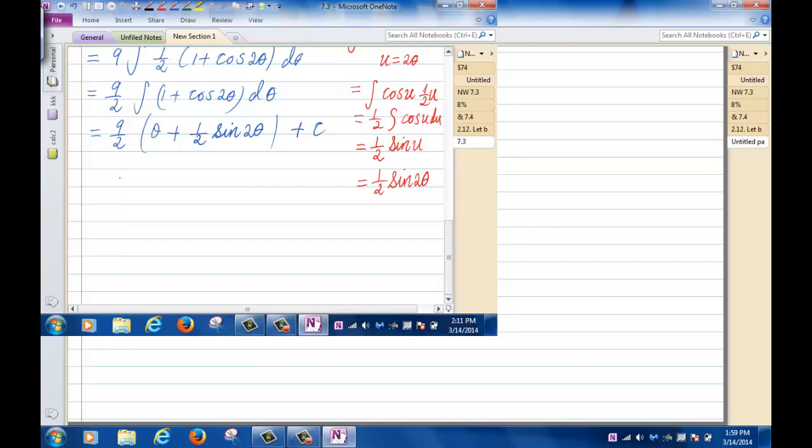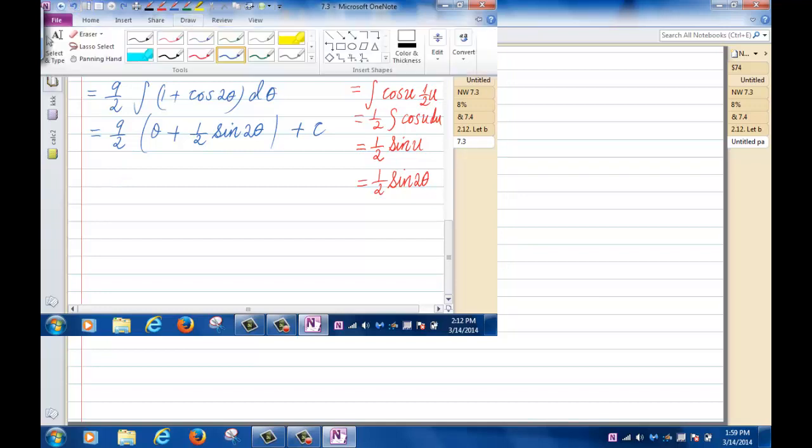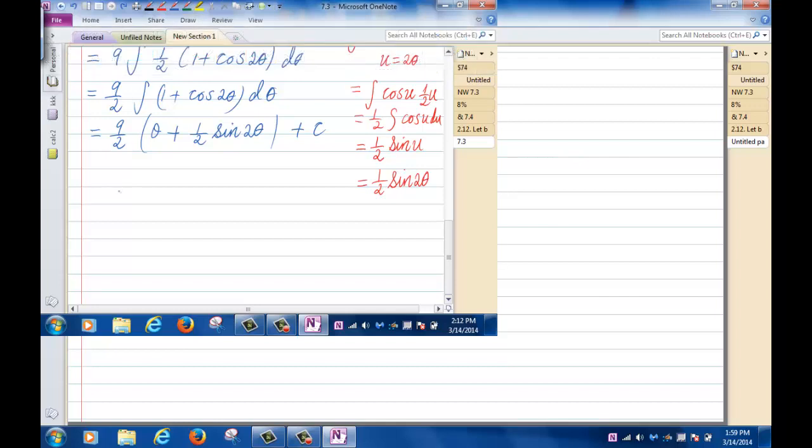Well, what was the substitution we did? We did the substitution x minus 2 is 3 sine theta, right? So from there I could say sine theta is what? X minus 2 divided by 3.